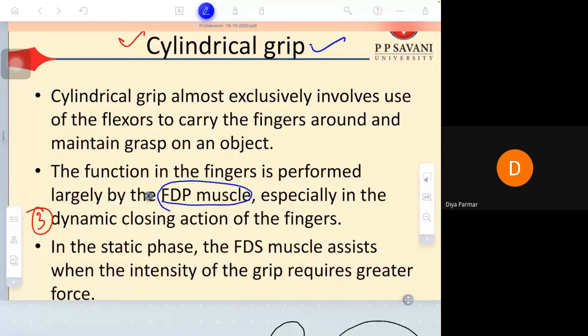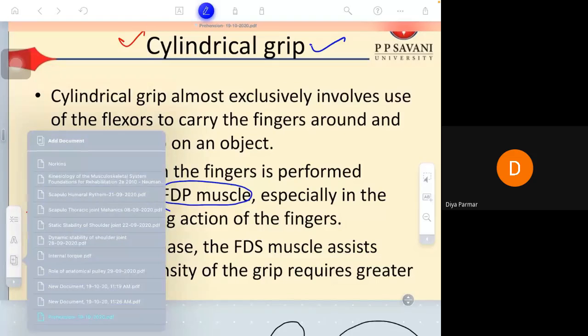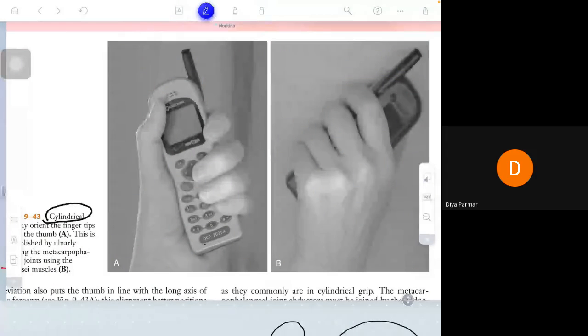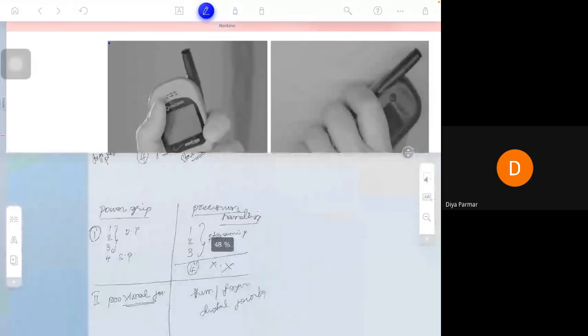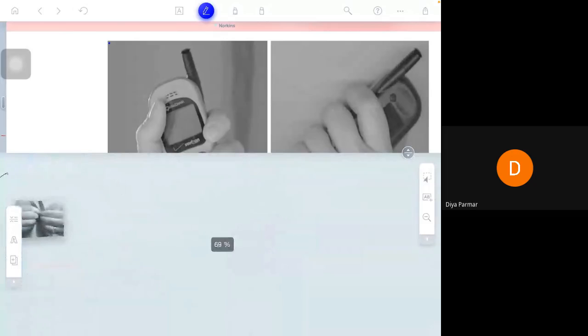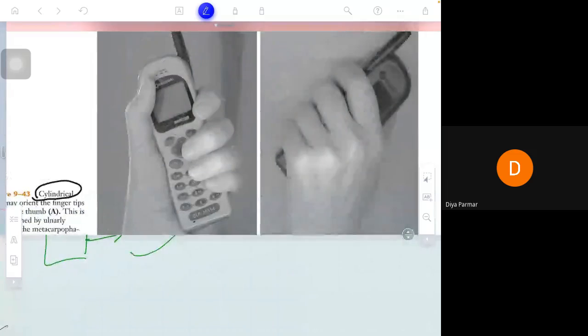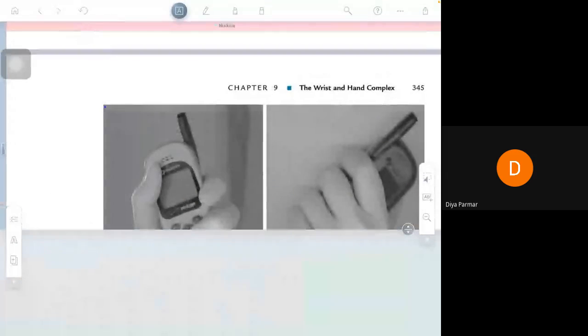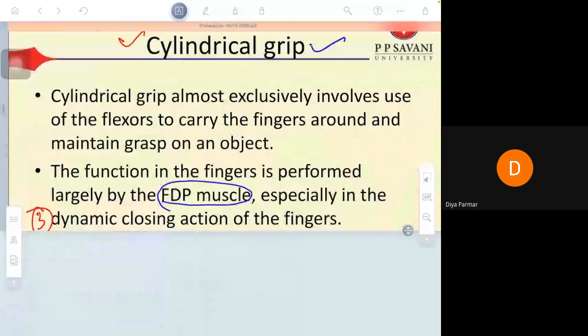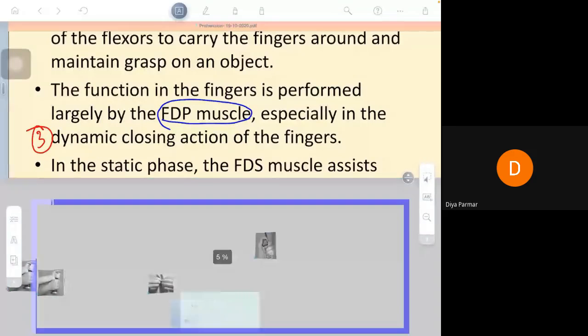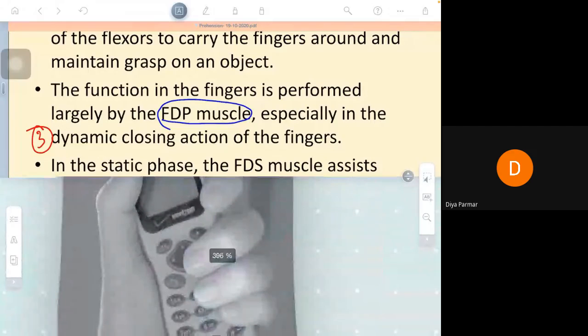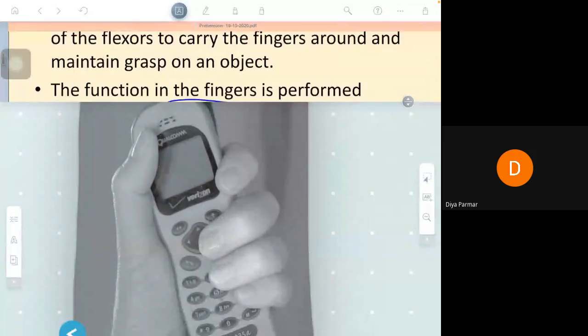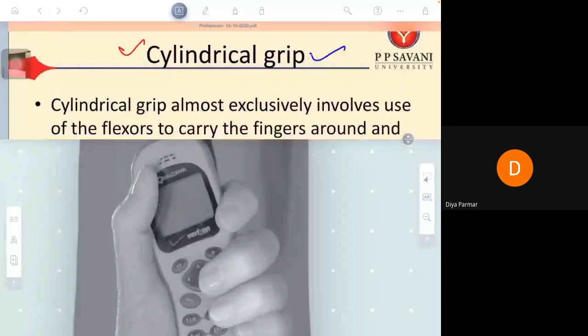When you are holding the wireless telephone, the example which we saw, which muscle is used in cylindrical grip?